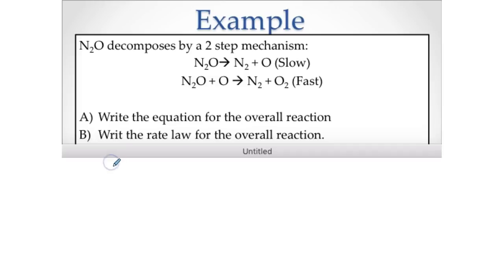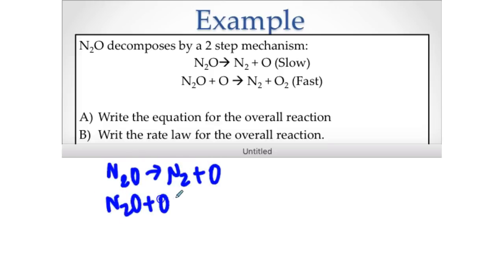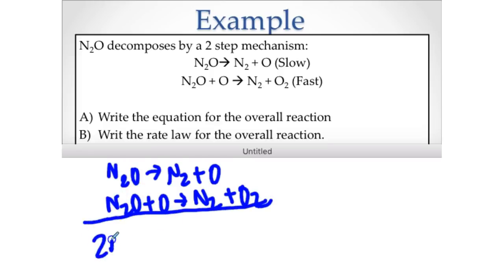So I'm just going to rewrite the equation here. N2O makes N2 plus O. N2O plus O makes N2 plus O2. N2O is here and N2O is here. They're both on the left, so you add them up. You don't cancel, you add them up.